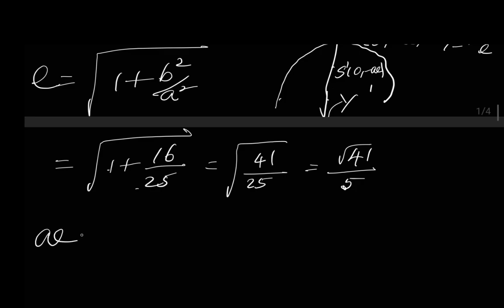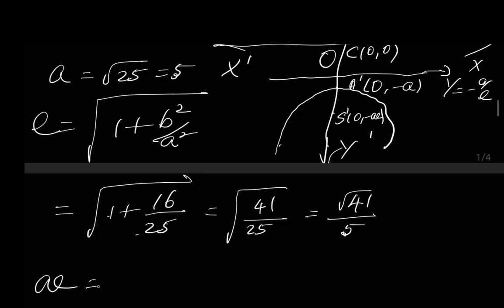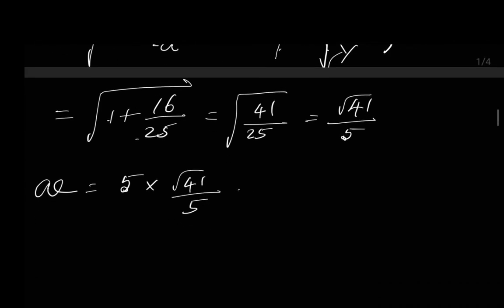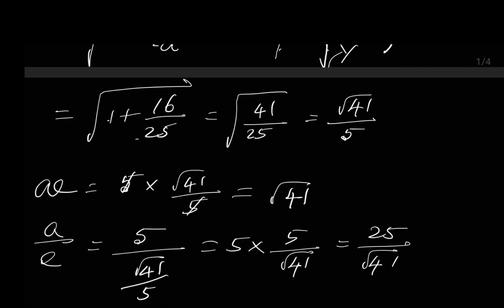Next find AE, because we need AE for the focus and A by E for the directrix. So AE is equal to, A is 5 and E is root 41 by 5. 5 gets cancelled, you will get root 41 is your AE. What is A by E? A is 5, E is root 41 by 5. So 5 into 5 by root 41. So 25 by root 41. This is your A by E.